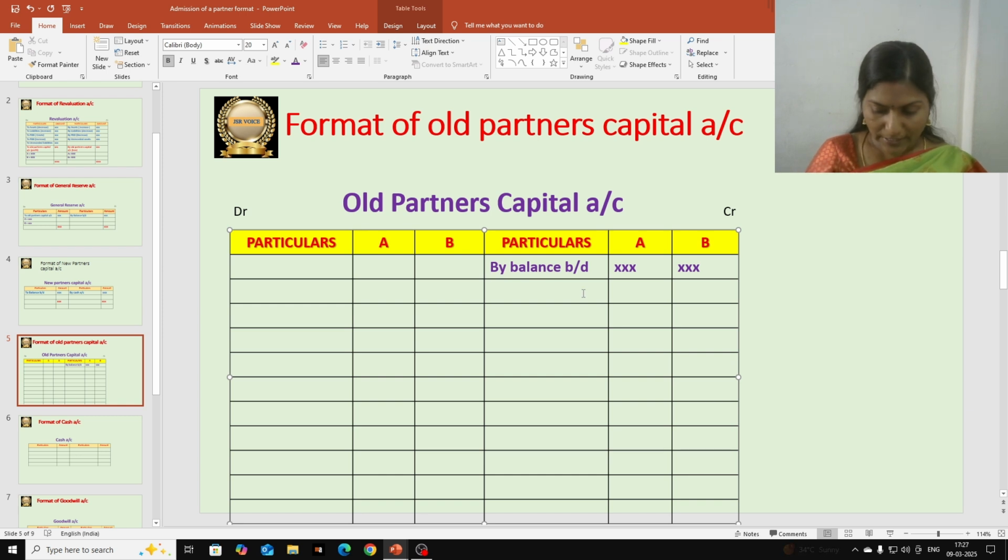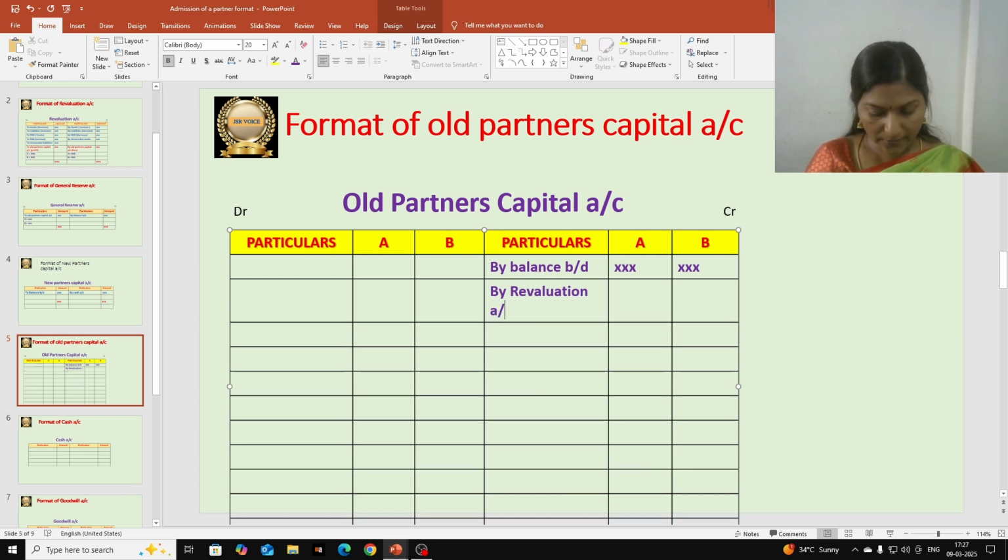If we get profit, we should write here in this account on the credit side, by revaluation account. Is it profit or loss? It is profit.